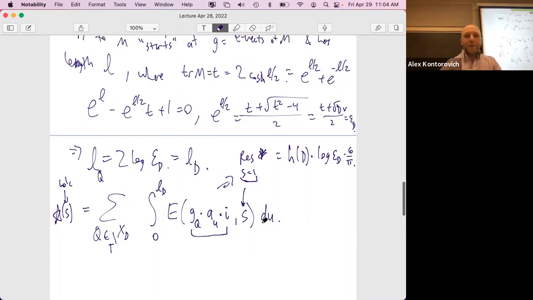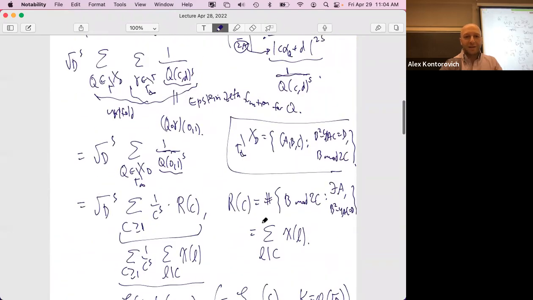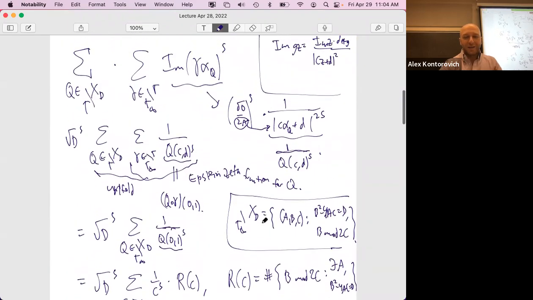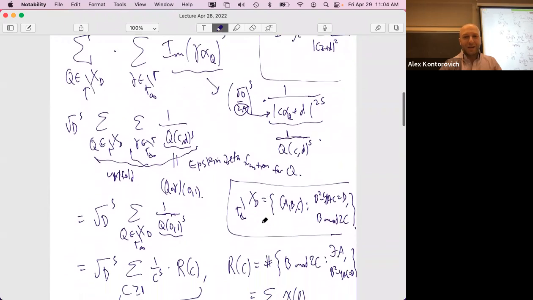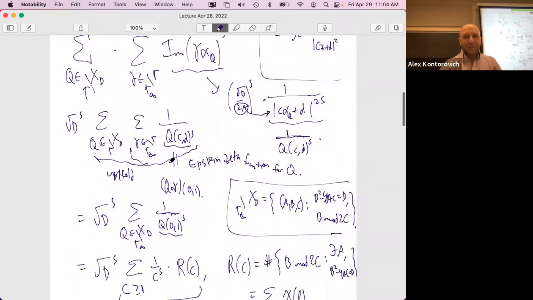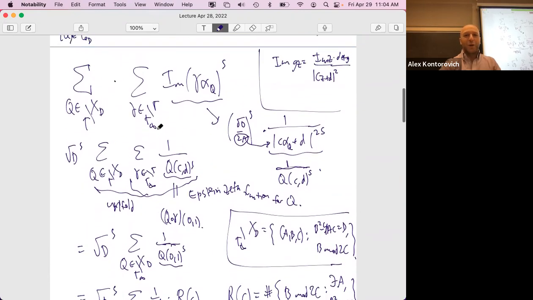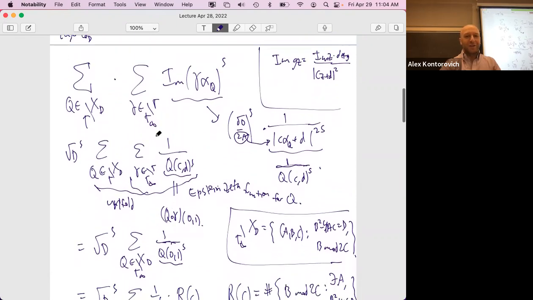Okay. By the way, back up here, I like doing this calculation because it goes through. You see this Epstein zeta function piece, but we could have done something much earlier to get to this stage.